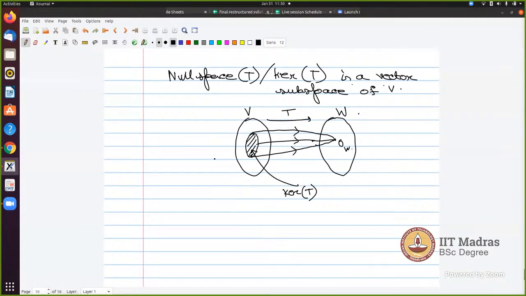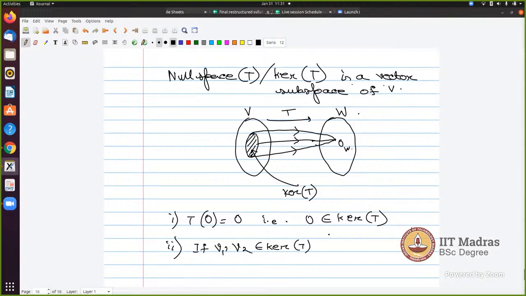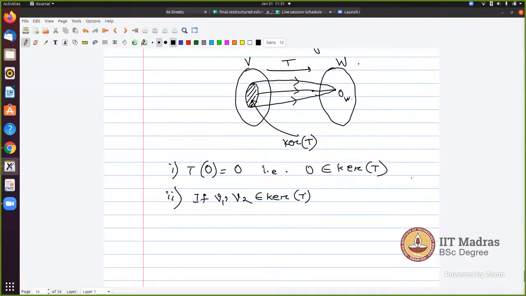Now I am claiming this kernel is basically a subspace because first of all, T of 0 is 0, that is, 0 belongs to kernel of T. Correct? Because 0 always goes to 0. Secondly, if V1 and V2 are in kernel of T, what does it mean?